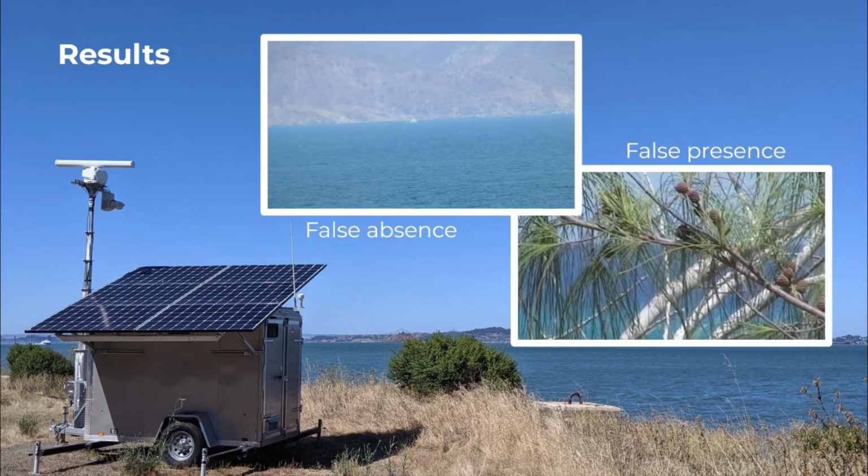The most common false classification of absence was due to vessels very far from the camera or very small in size. These can be helpful for confirming the vessel was there, but don't provide much information on what type of vessel it is or what it was doing.